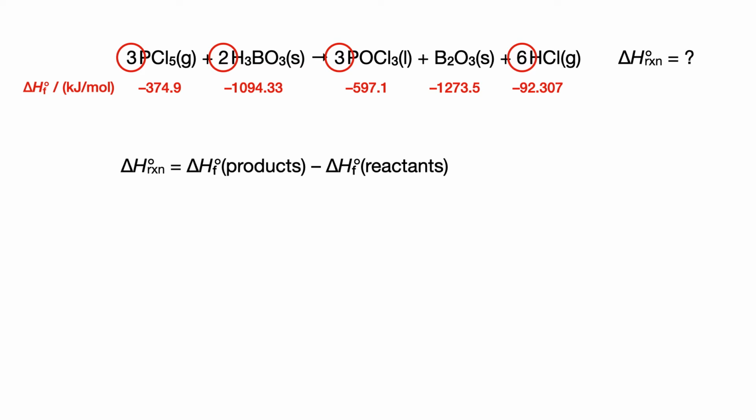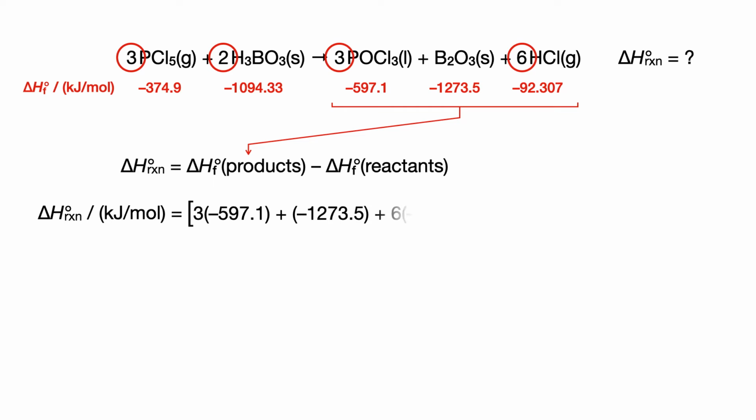And so we can write down the delta H of reaction in units of kilojoules per mole, and that will be the sum of the enthalpy of formation of the products. So all these added together: 3 times the enthalpy of formation of the phosphonyl chloride plus the enthalpy of formation of the boron trioxide, and then plus 6 times the enthalpy of formation of hydrogen chloride.